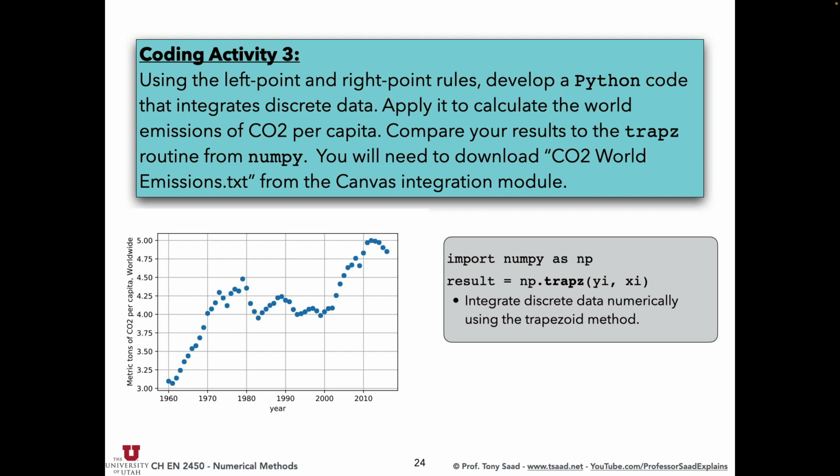Now you will need to download the data called CO2 world emissions.txt from Canvas. So go on Canvas. Go under modules or under files. Under modules, it's very easy to see it. There's an integration module, and there's a txt file there containing data. X values contain the year, and Y values contain the metric tons per capita worldwide.